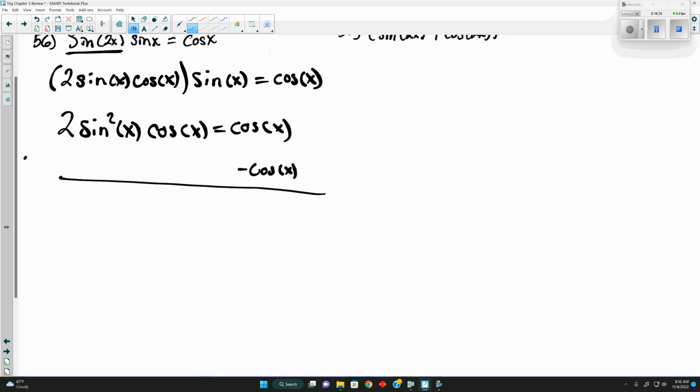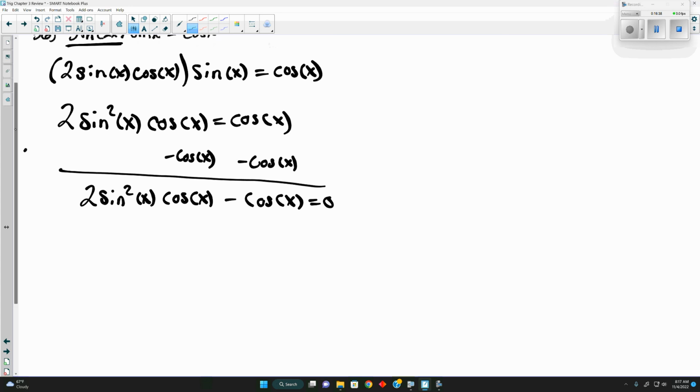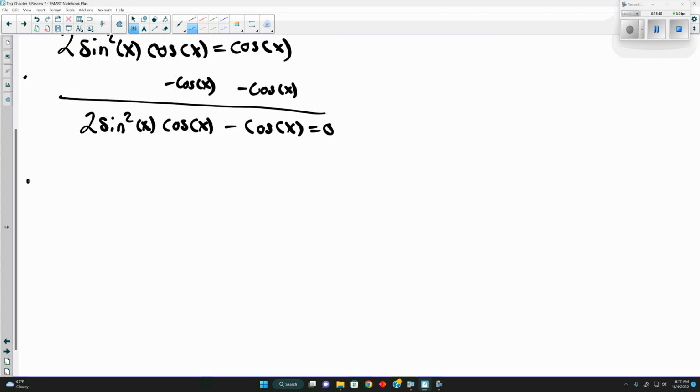At this point here, we need to get everything on the same side. So we'll subtract it. Notice that we have 2 sine squared of x cosine of x minus cosine of x is equal to 0. So we tried to get everything on the same side, and now not everything is in terms of sine and cosine, but do we have something in common with both terms?